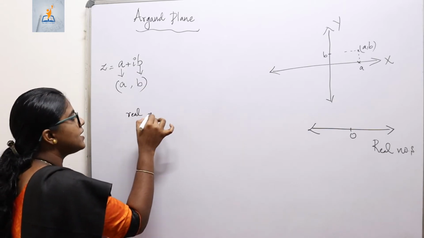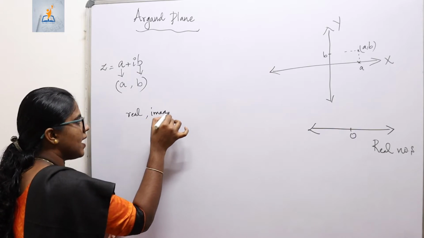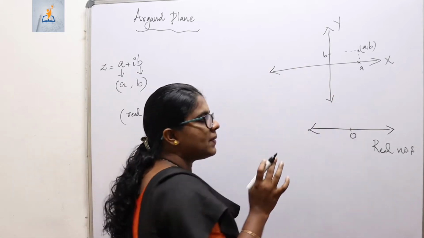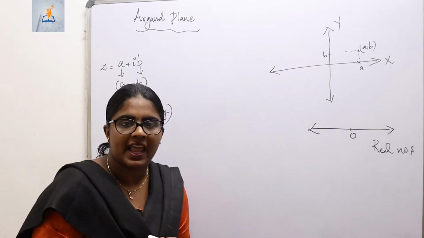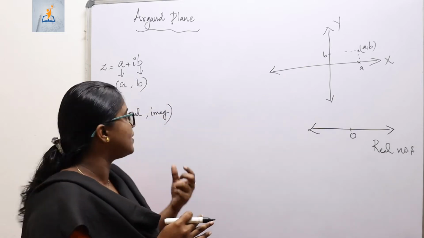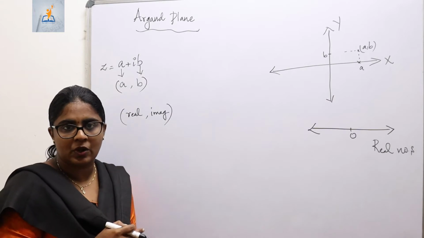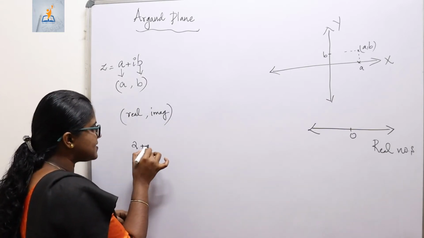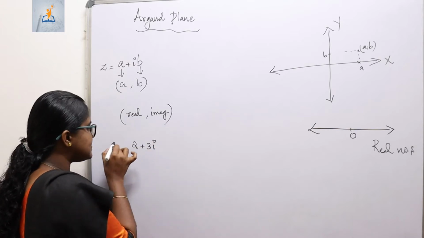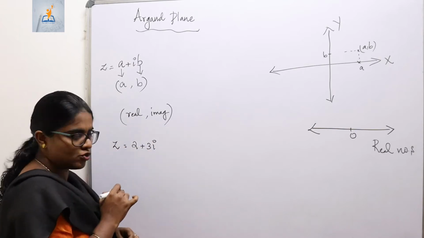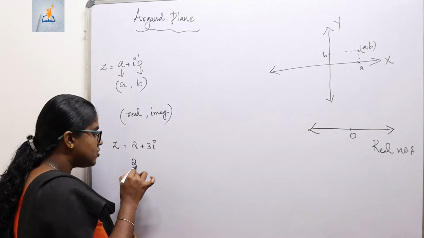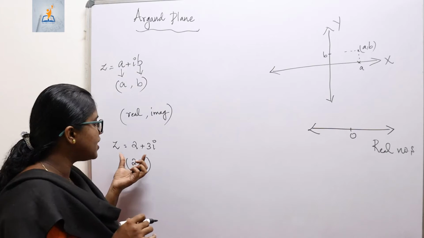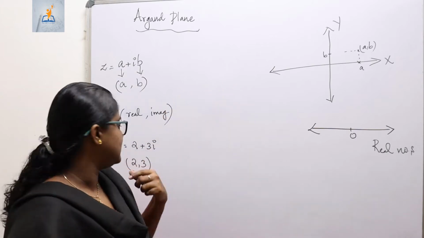So similarly, we can represent any complex number in the plane by simply taking the coordinates as real part comma imaginary part, and hence we will get a coordinate, and plotting that particular coordinate in the plane will give you the geometrical representation of that particular complex number. So for example, if z is equal to 2 plus 3i, then 2 comma 3 will give the point corresponding to this complex number in the plane.